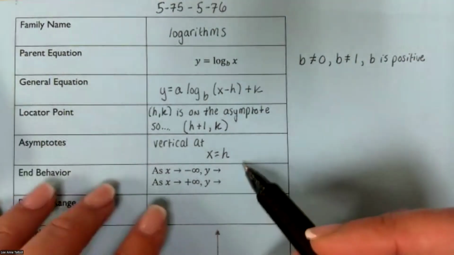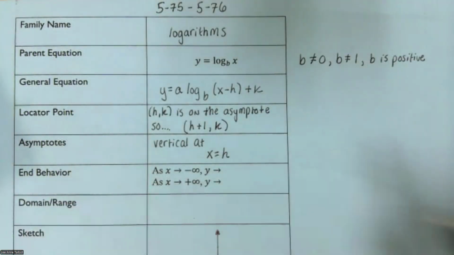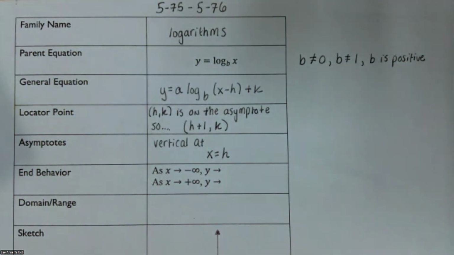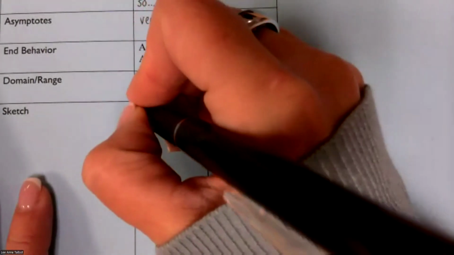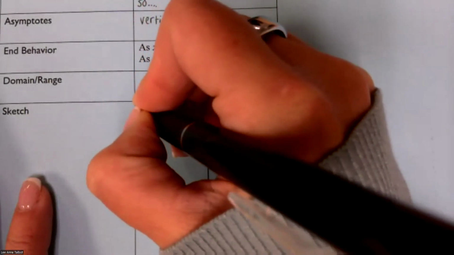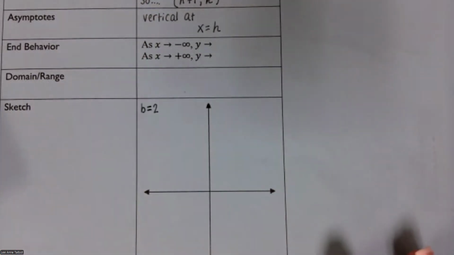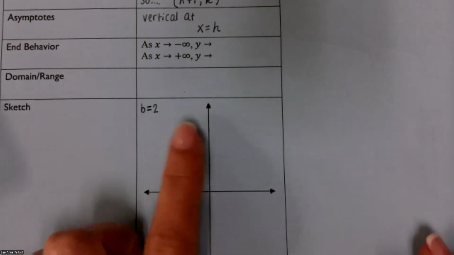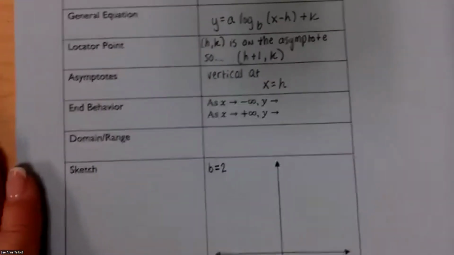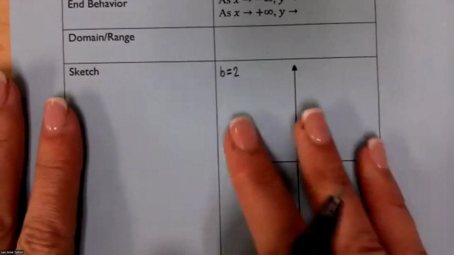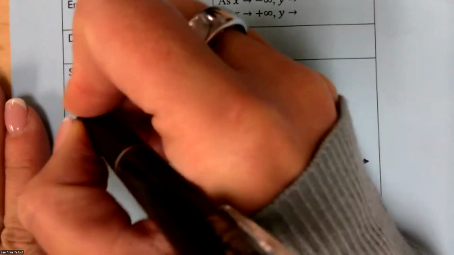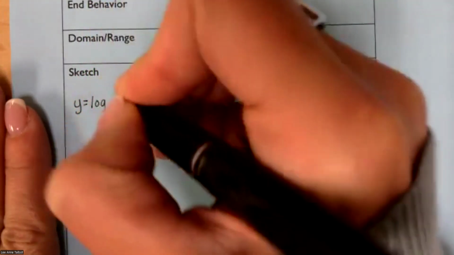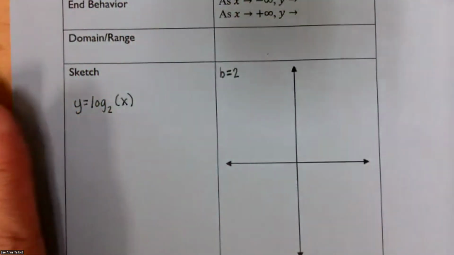Okay, anyway. As usual, we're going to save the end behavior and domain and range until after we graph the parent graph. So we're going to come down here and I'm going to declare that for this, B is 2. And so what we're going to end up graphing, in whatever original color, if you guys are doing different colors, is y equals log base 2 of x.